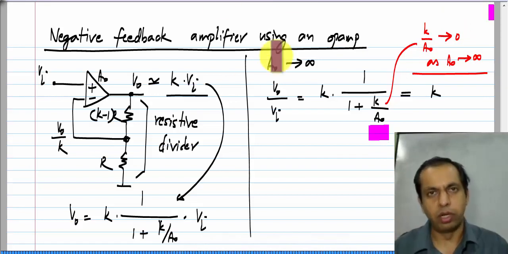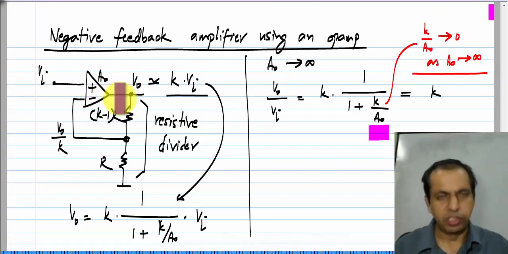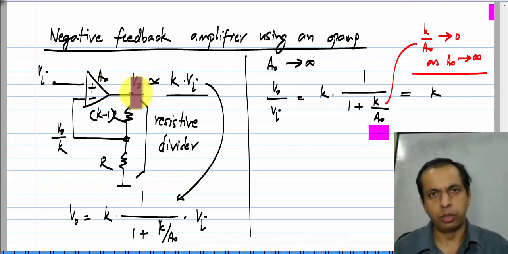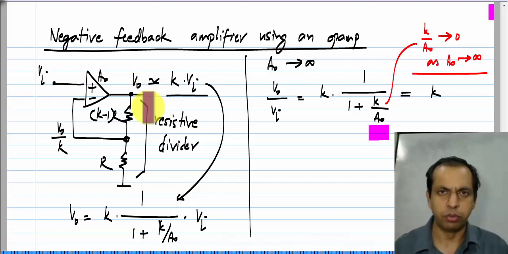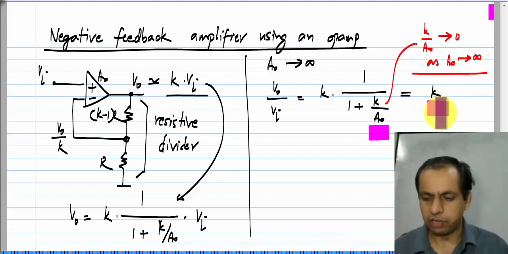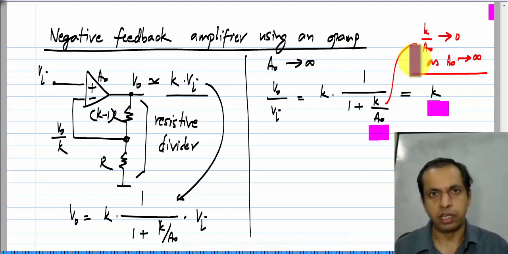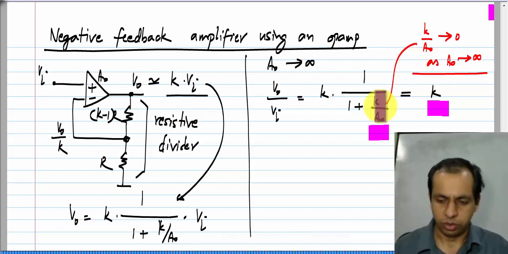Now, if you recall, to come up with this circuit, we had originally started with the goal of making an amplifier of gain k, that is, we wanted V naught by V I equal to k, and that is exactly what we get if A naught is infinity. So, we get exactly what we were looking for.